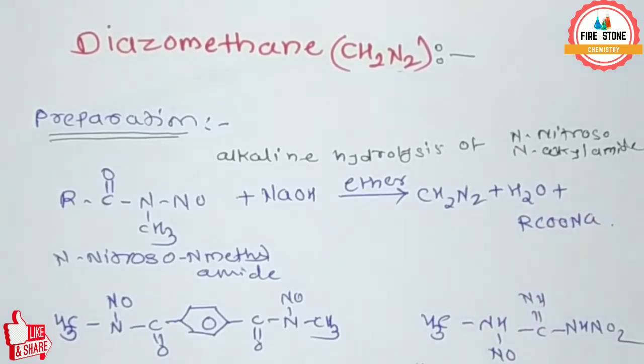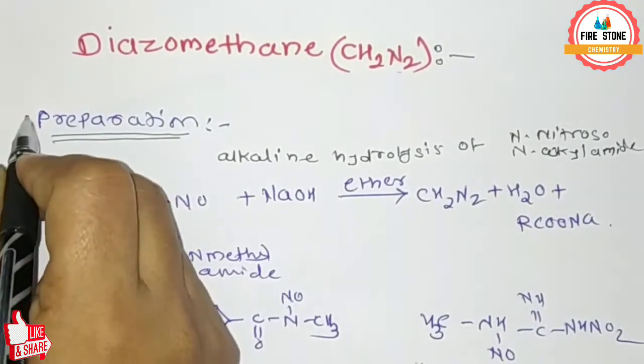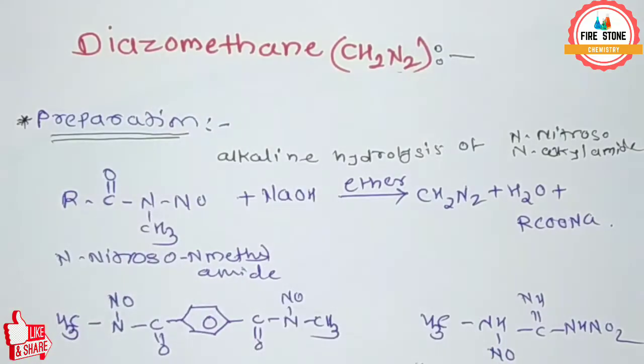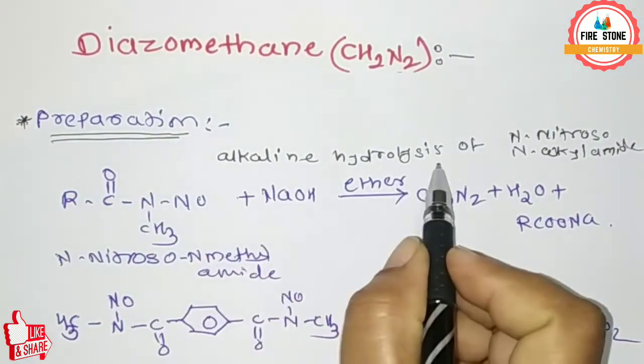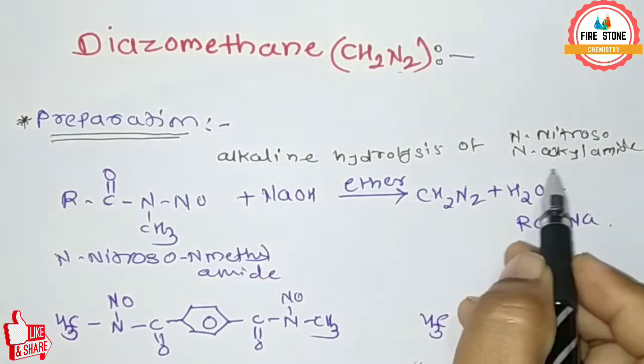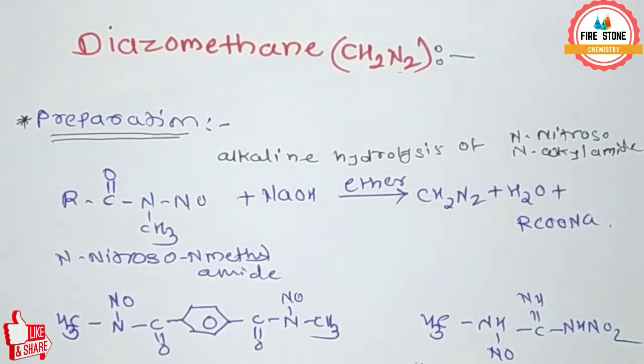So here we see how to prepare diazomethane: diazomethane can be prepared by the alkaline hydrolysis of N-nitroso N-alkyl amide.